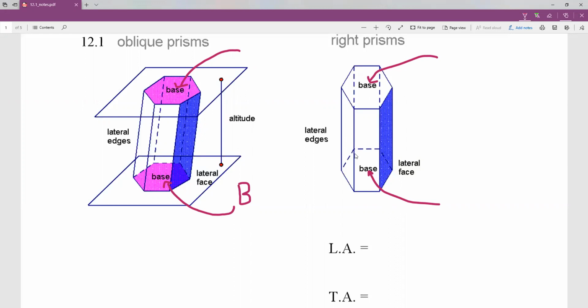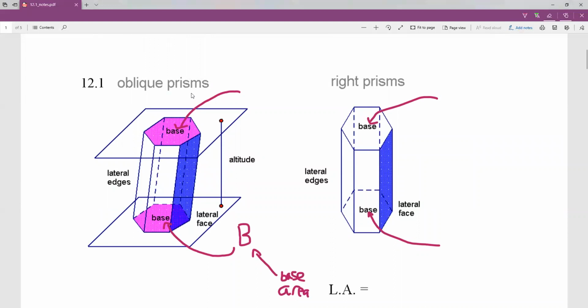It's going to be some kind of polygon for your bases. Knowing that base area is going to come in handy. So this B stands for base area. We're going to be using that in a little bit here. Okay, so that's the base.